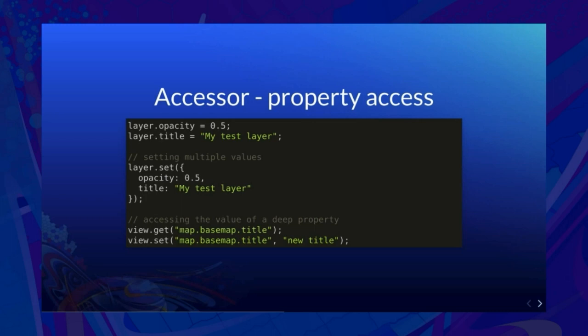But if I do view.get and pass it a string for those properties, it doesn't matter if one of them is null or not. It'll just return null if one of them is null, and if not, then I get back my value. The same goes for setting the property. So I go and set the title to something new of the base map. That's part of my map. That's part of the view.